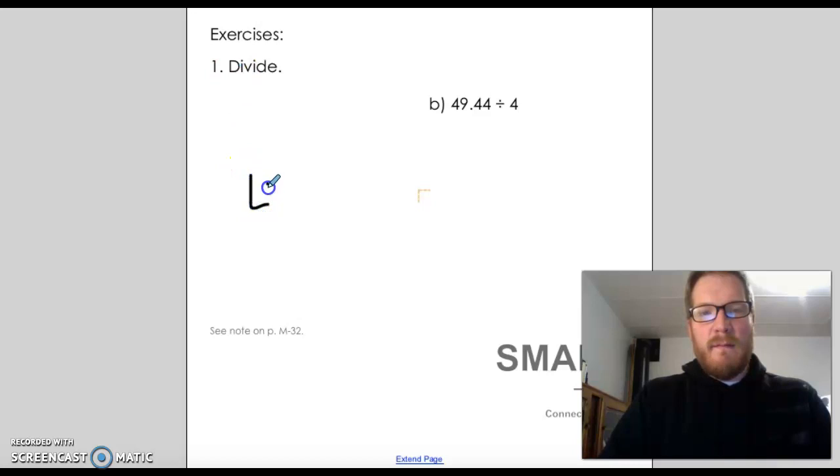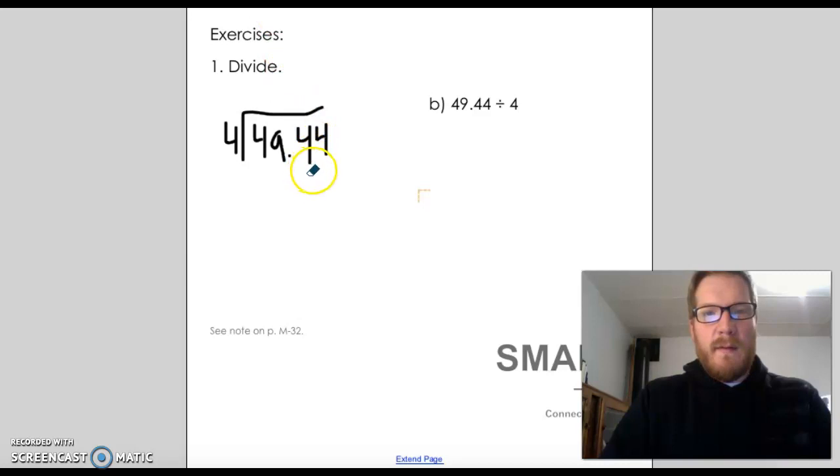So 4, let's see if I have enough room. Started a little higher. So 4 into 49.44.